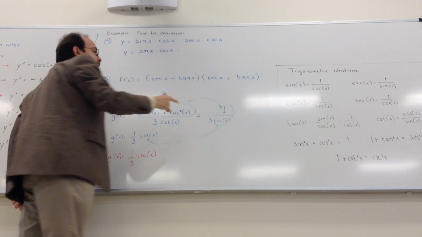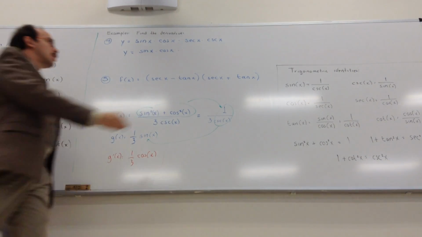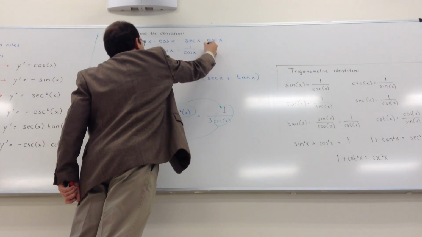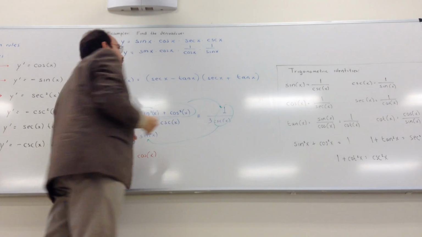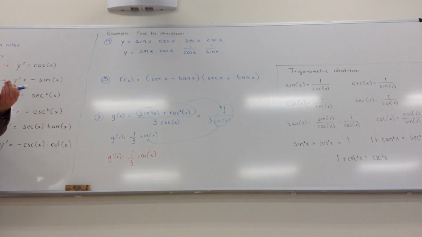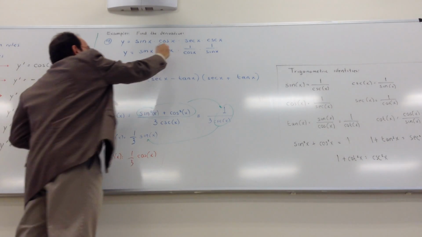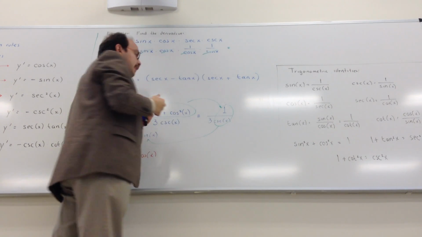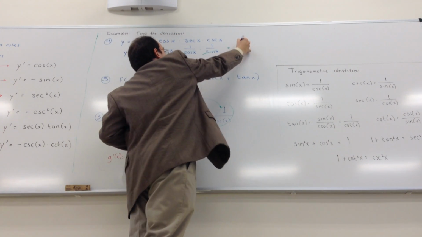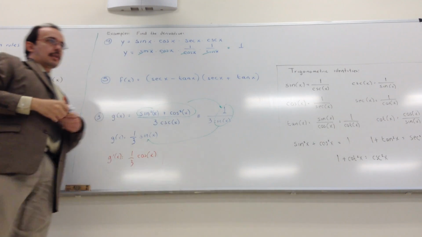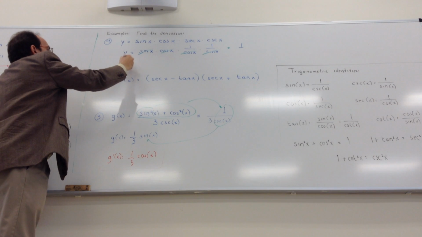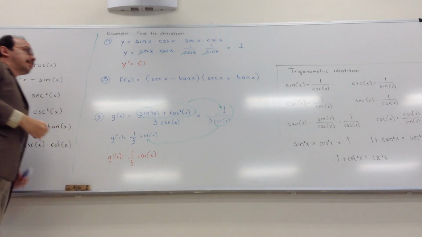But secant can be changed into what? 1 over cosine and cosecant 1 over sine. So since they're multiplying each other, you can simplify them. Cosine with cosine, sine with sine. So it's just 1. That's the answer? No. Well, the derivative of that? 0.